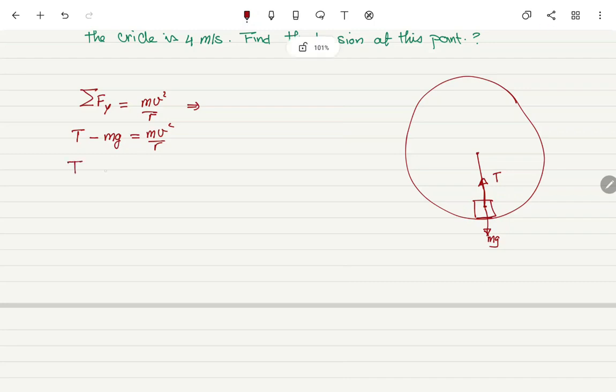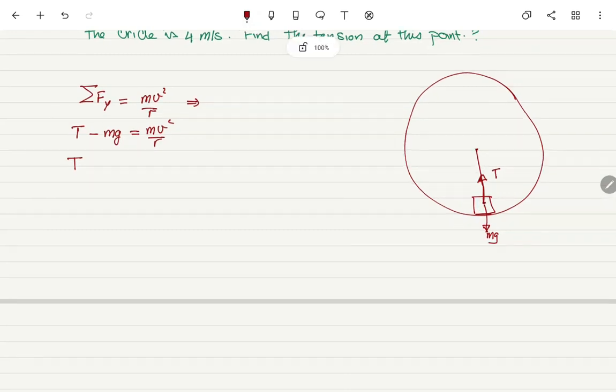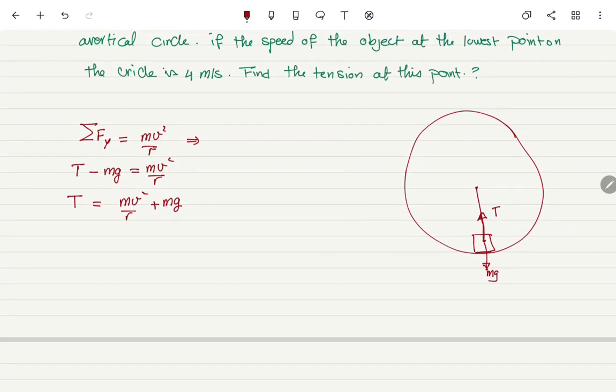The tension at the bottom is equal to mv square over r plus mg. Using the numbers given in the example, you will find that the tension is equal to 6.45 Newton.